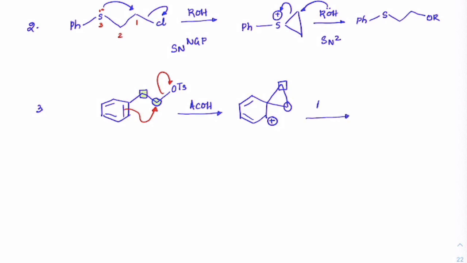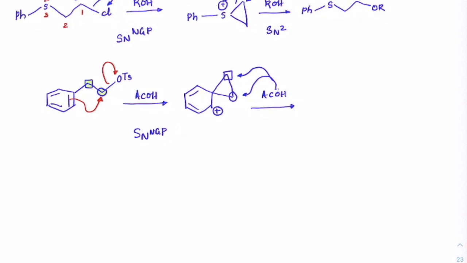Then AcOH, this is SN-NGP, and AcOH, because both of them are equally crowded, so the probability of attacking on both the carbons is the same. As soon as they attack, this bond will break and again get back to formation of the pi bond.